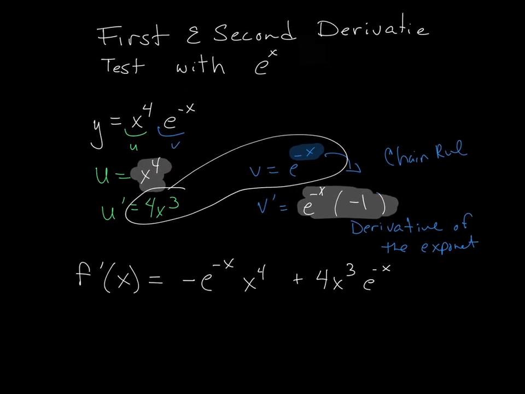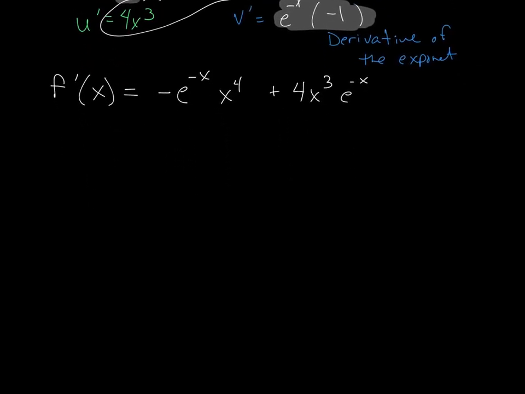Now, what the first derivative test asks us to do is take that first derivative and set it equal to 0 and solve it. In order for us to do that, I have to factor this out. I have a greatest common factor of e to the negative x in both, so I'm going to pull that out.